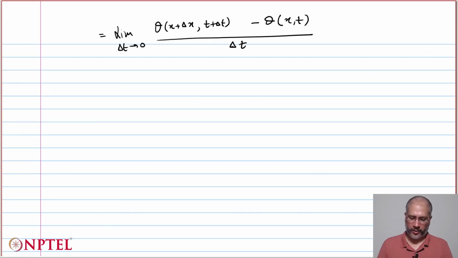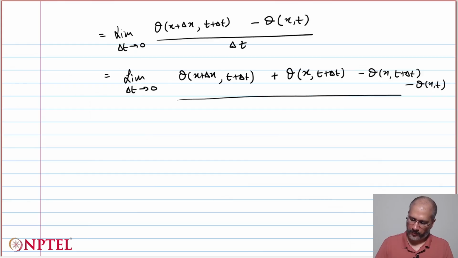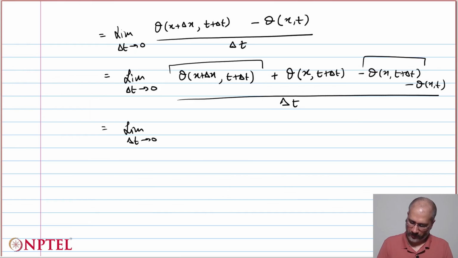So from now onwards, it is just some simple algebra. What we'll do now is add and subtract the quantity theta of x comma t plus delta t. So we'll take these two together. So this becomes limit delta t tends to 0.